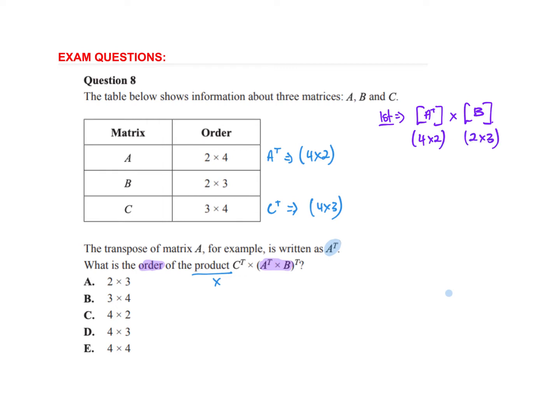If I did that multiplication, what would the order be? It'll take that 4 and that 3, won't it? Because it is defined, it can be done. So the order of the multiplication inside the brackets is going to be a 4 by 3.